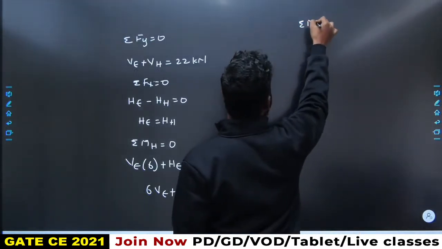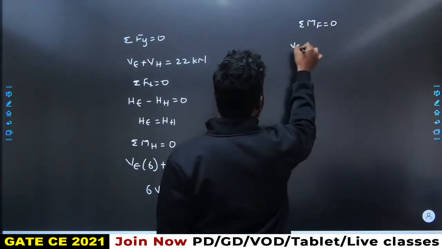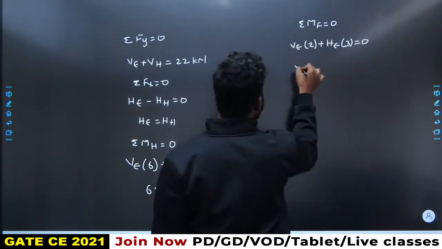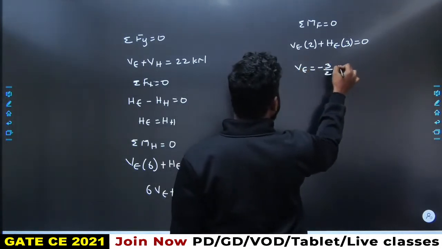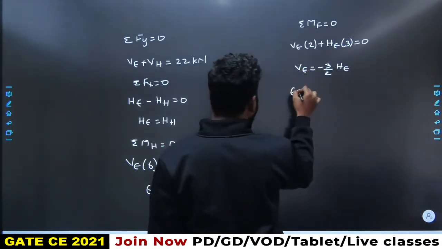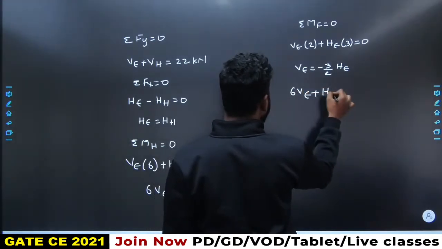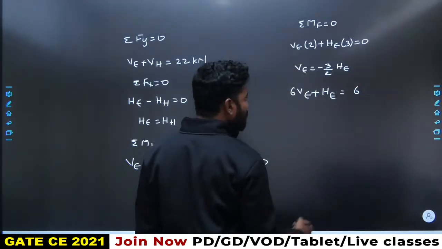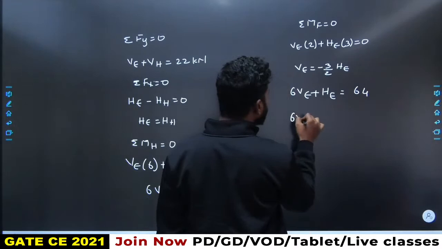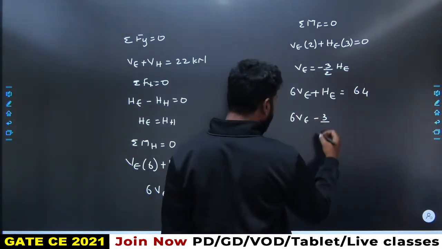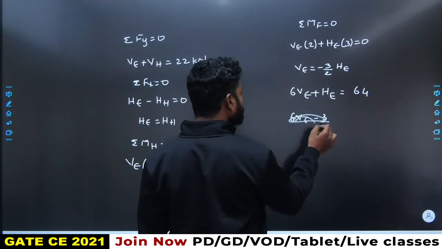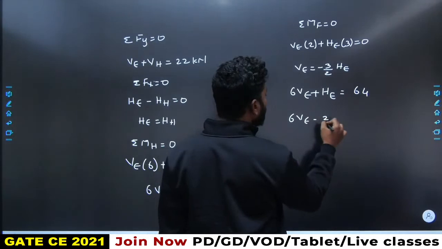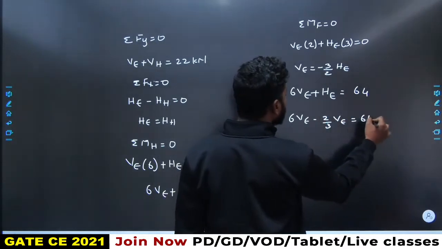So, if I take summation of moments about F equals to 0, VE into 2 plus HE into 3 equals to 0. So, VE equals to minus 3 by 2 times HE, and another thing we know, 6 VE plus HE equals to 64 kilonewtons. So, 6 VE, HE is minus 2 by 3 VE, that is equal to 64.